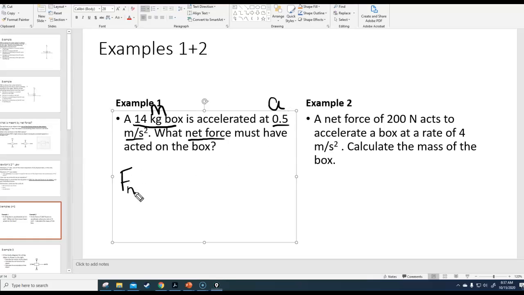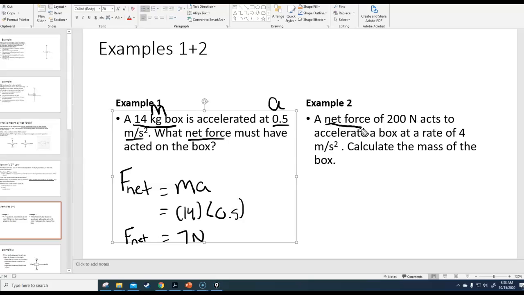So we have F net equals ma, that's Newton's second law. The mass is 14. The acceleration is 0.5. And so that gives a net force of 7 newtons. Keep in mind, by the way, it's not force equals mass times acceleration. It's only the net force that is equal to mass times acceleration. Just keep that in mind.